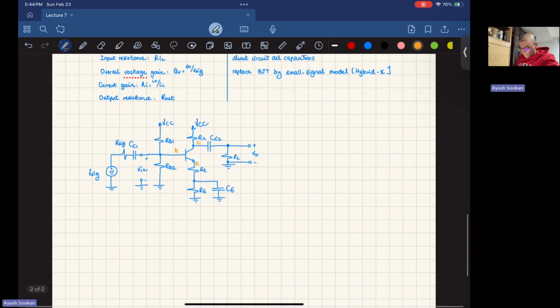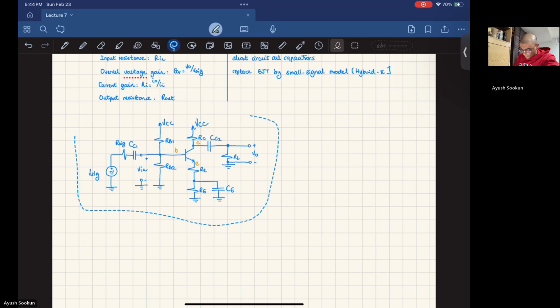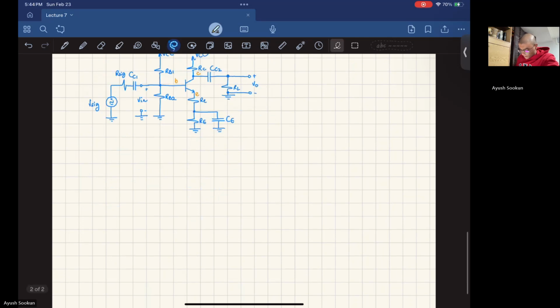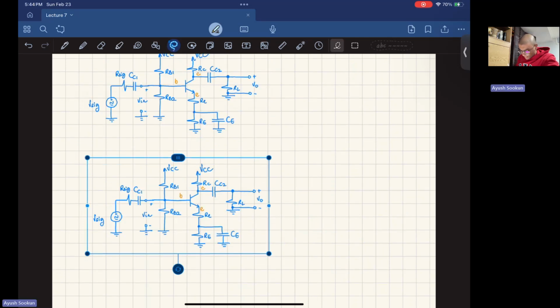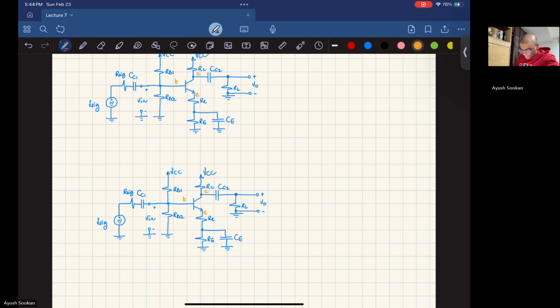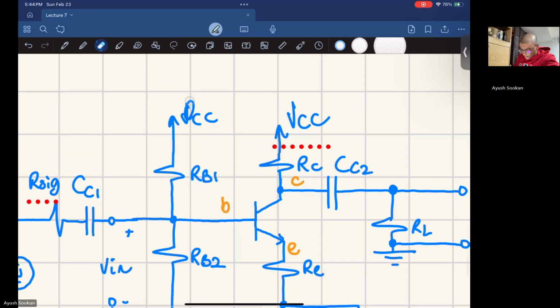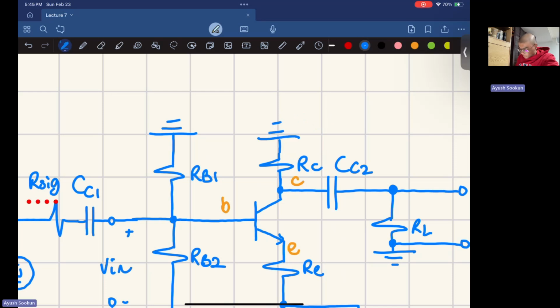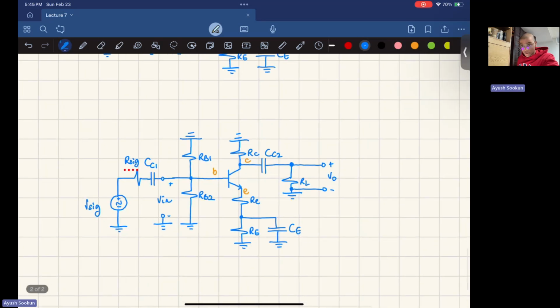I'll redraw this circuit and disable all DC sources. This VCC has to go to ground, and this VCC has to go to ground. There we go, those are the two DC sources in my circuit.